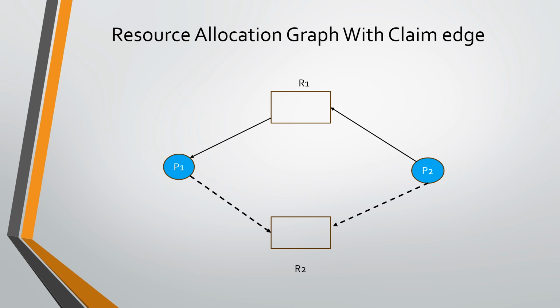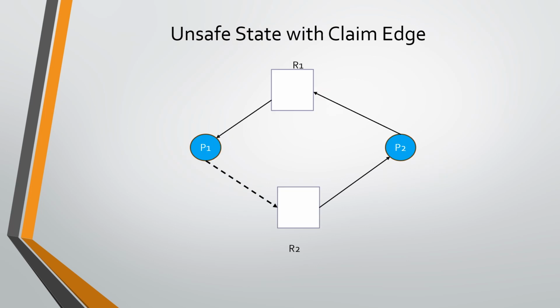P1 and P2 are both requesting resource R2. So there is a chance of deadlock. This is also an example of an unsafe state. Unsafe state means there is a possibility of deadlock in this graph.